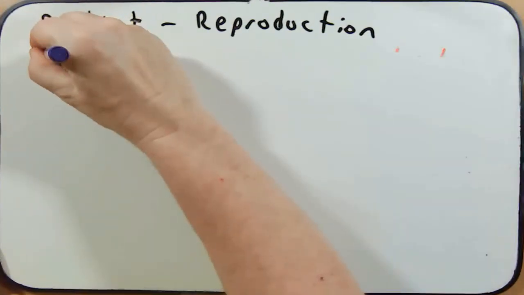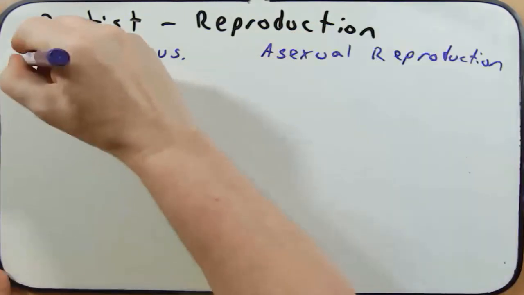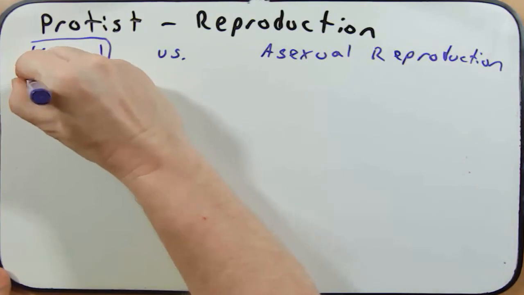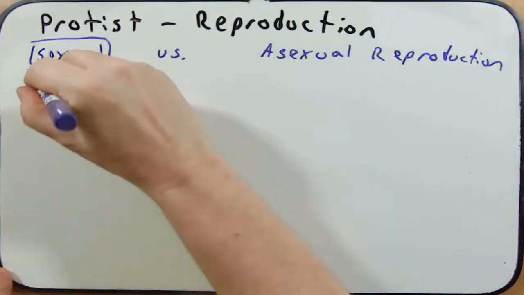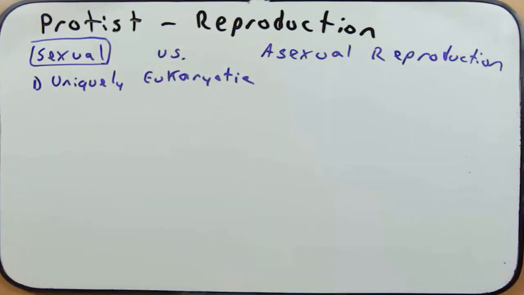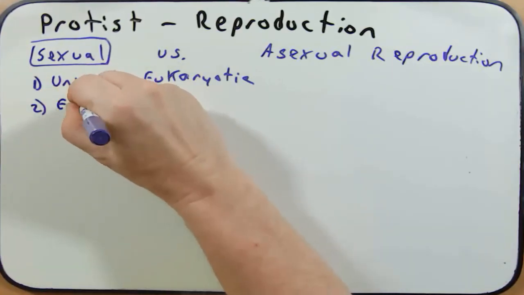Next, I wanted to go over sexual versus asexual reproduction. So first, let's talk about sexual reproduction. One thing we need to remember is that sexual reproduction is uniquely eukaryotic. Only eukaryotes have sexual reproduction. In sexual reproduction, each parent produces a gamete.